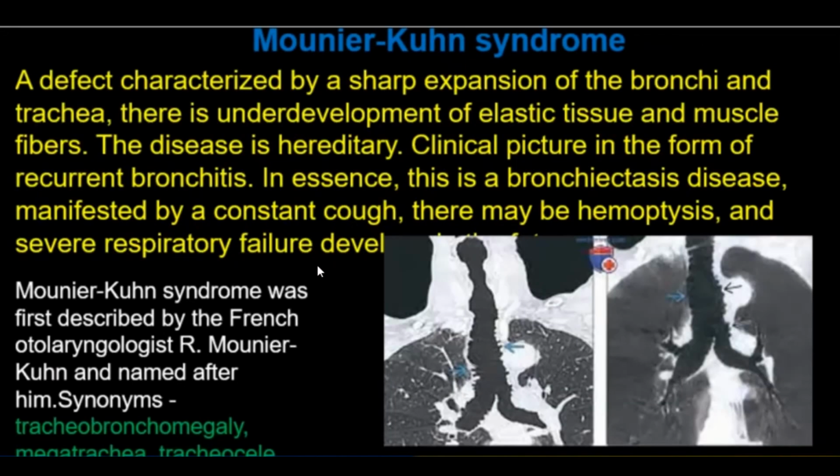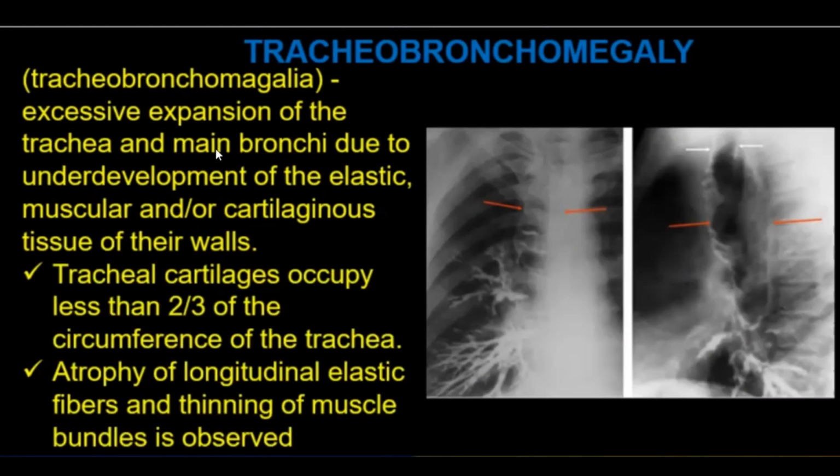It's a defect characterized by sharp expansion of the bronchi and trachea. There is underdevelopment of elastic tissue and muscle fibers. The disease is hereditary. Tracheobronchomegaly: special disorders, excessive expansion of the trachea and main bronchi.